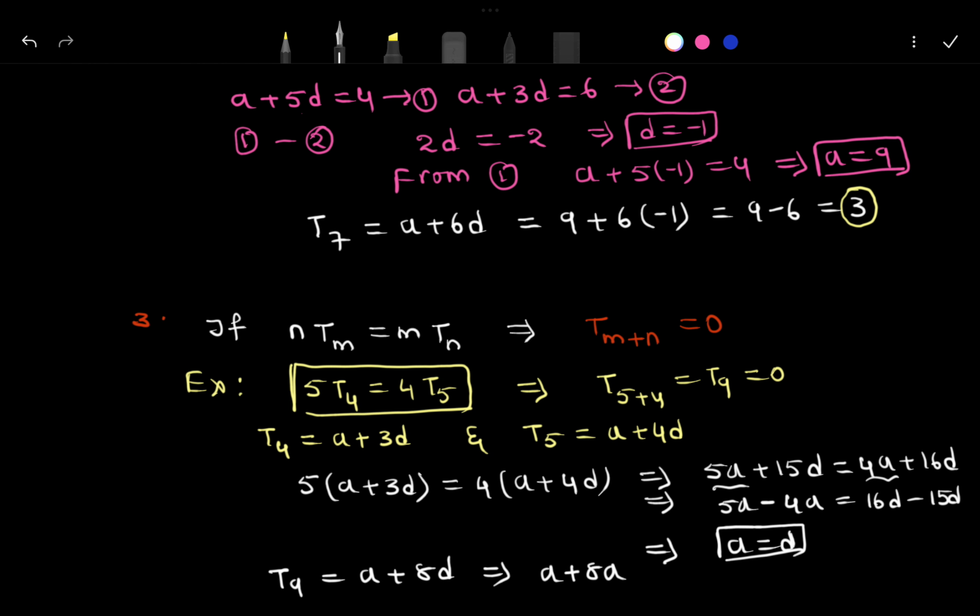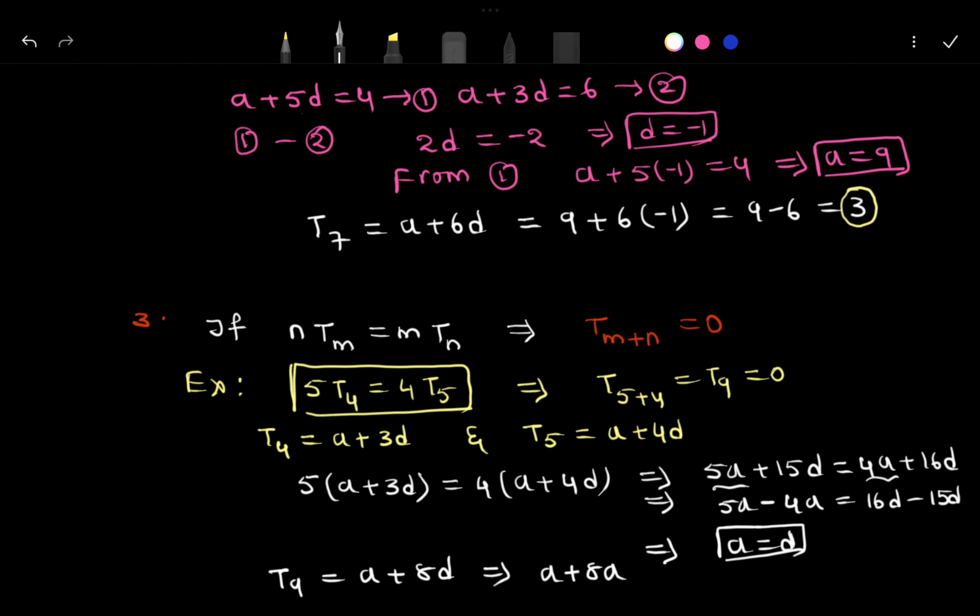Let us verify this value. Oh sorry, the formula here is wrong.